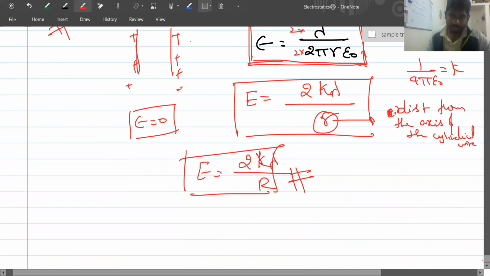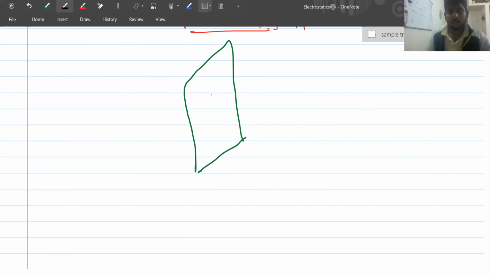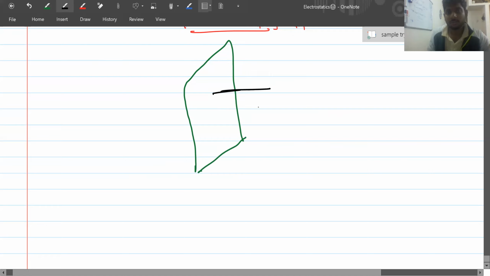Similarly, for a sheet of charge, you can also find the field by drawing a Gaussian surface.